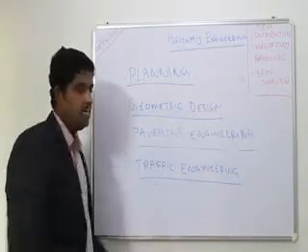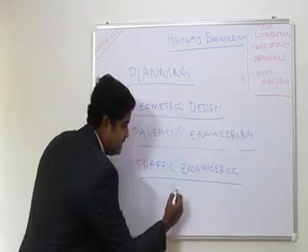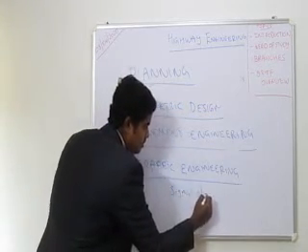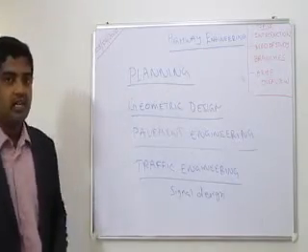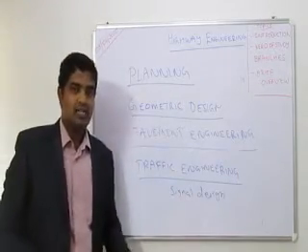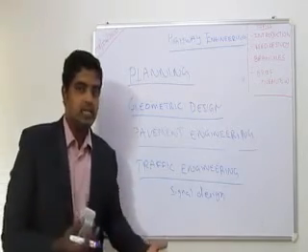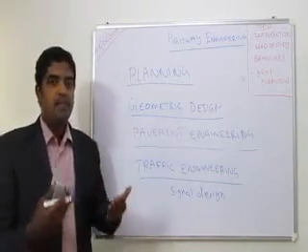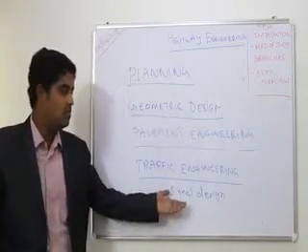So in traffic engineering, there are a lot of studies involved, such as signal design. I'm just talking about the core traffic engineering concepts. So first one is the signal design. How optimistically, how efficiently we can design the signals. How much time we can give for waiting, and how much time we can give for a go signal, etc. So all this comes in the signal design.